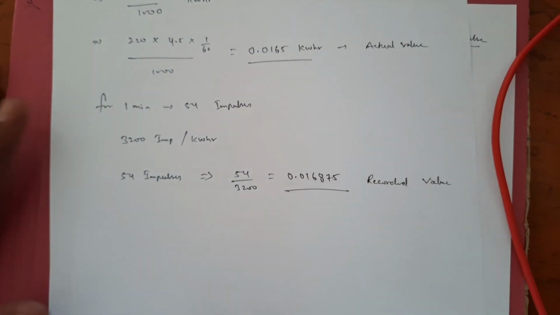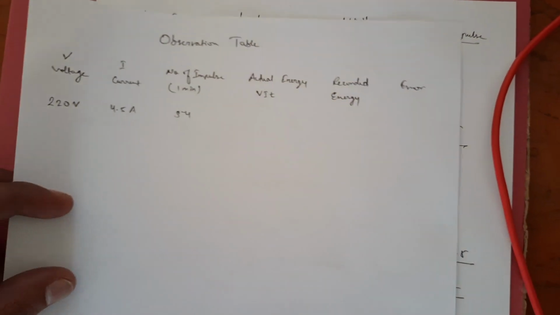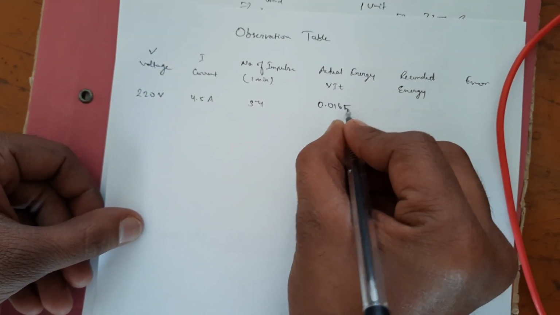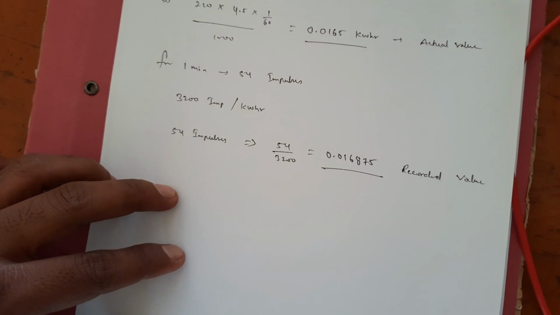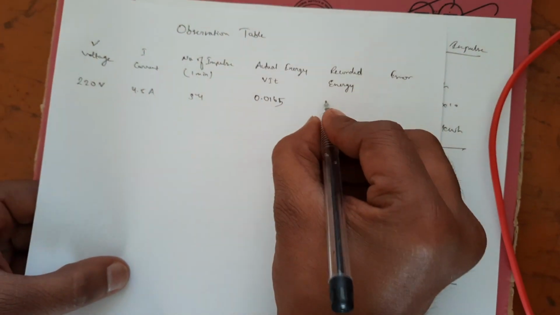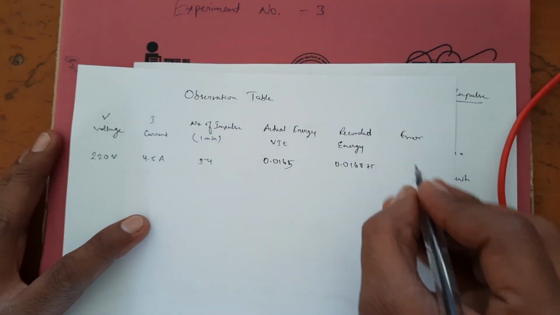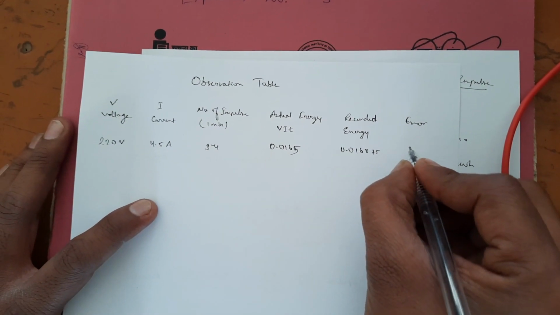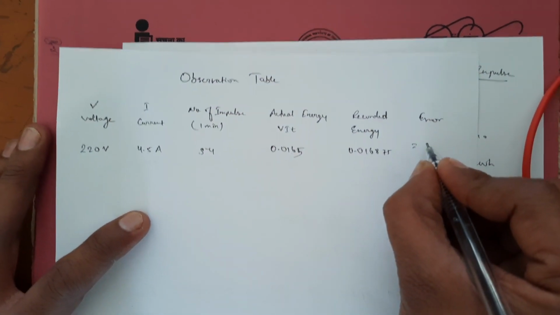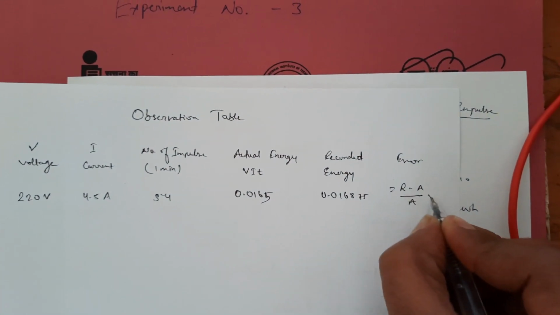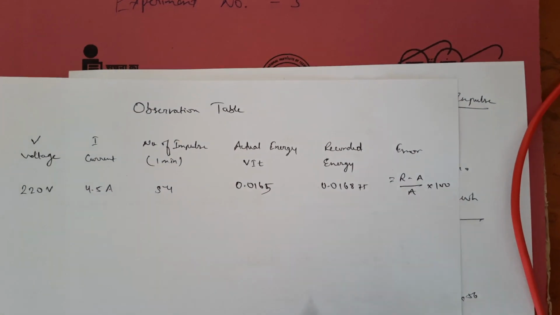Now putting this into our observation table, the actual value is 0.0165 and your recorded value is 0.016875. Your percentage error is the recorded value minus actual value, divided by actual value, into 100.